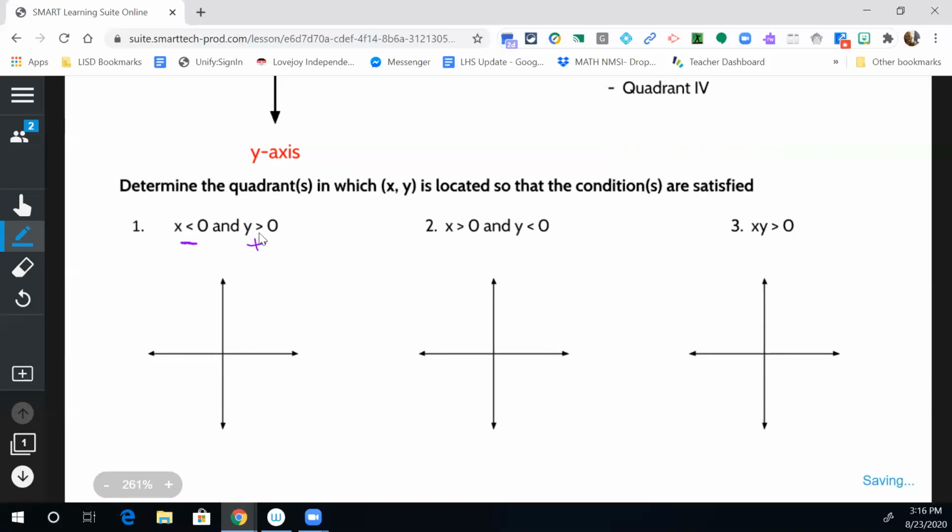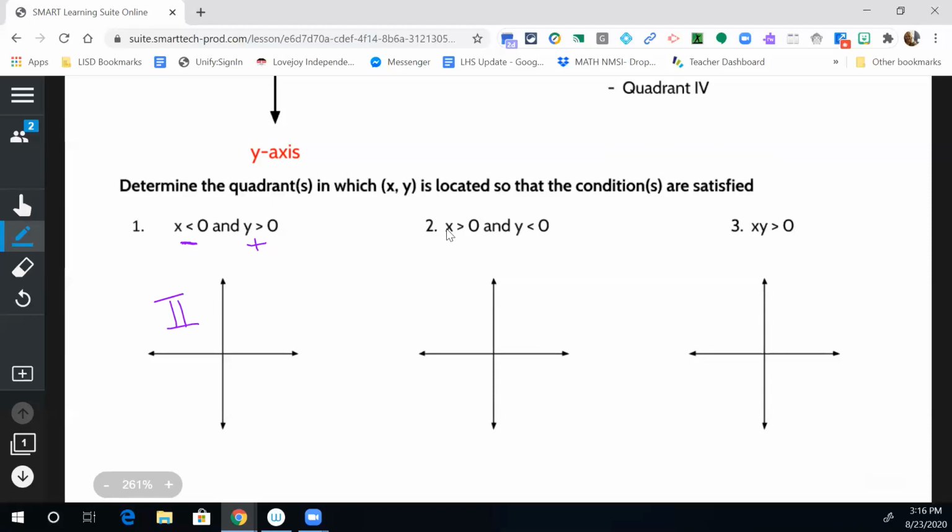So you're looking for the quadrant where x is negative and y is positive. If you were going to graph this, you would go left to get the negative and then up to get y to be positive. So you would be in this second quadrant.